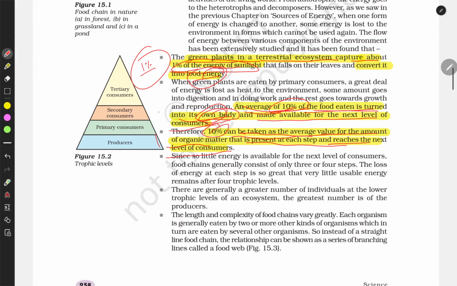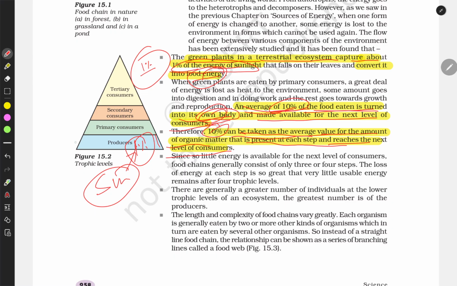Let me quickly explain it. From the sun, producers convert only 1% of the sun's energy to form food, a glucose molecule.